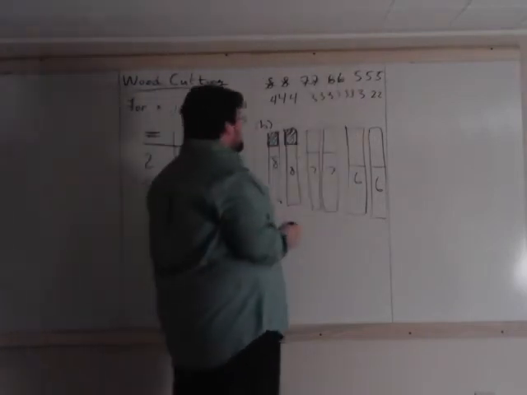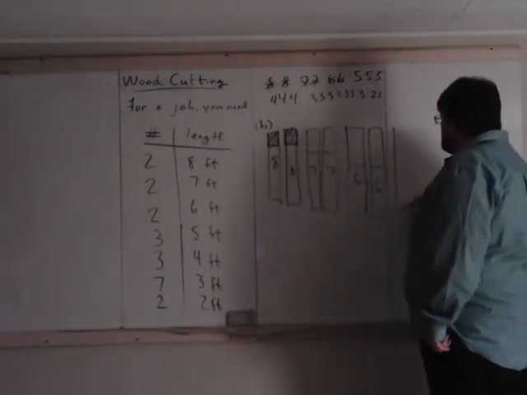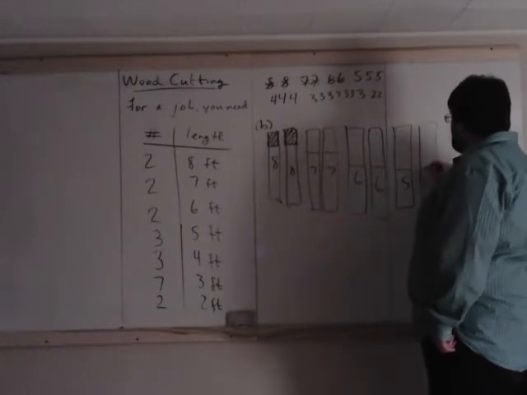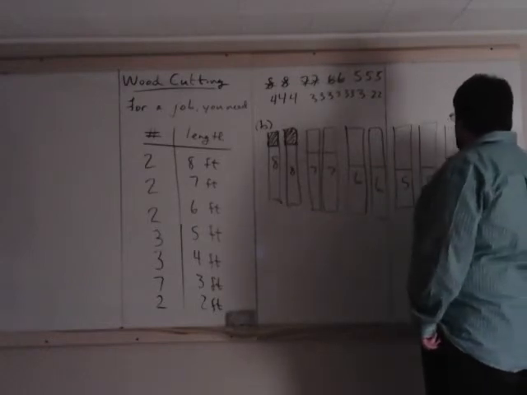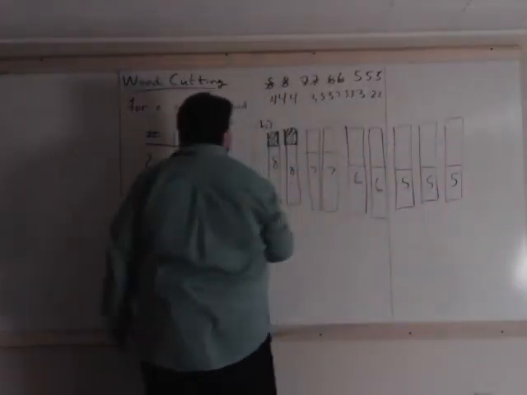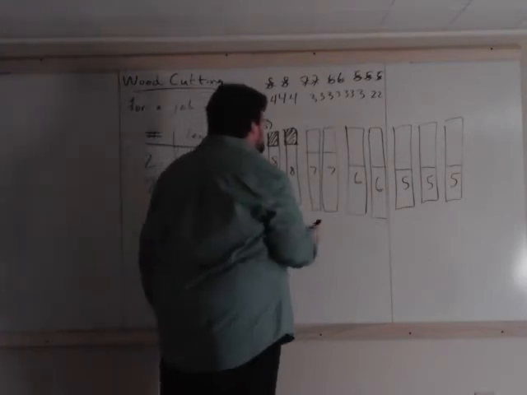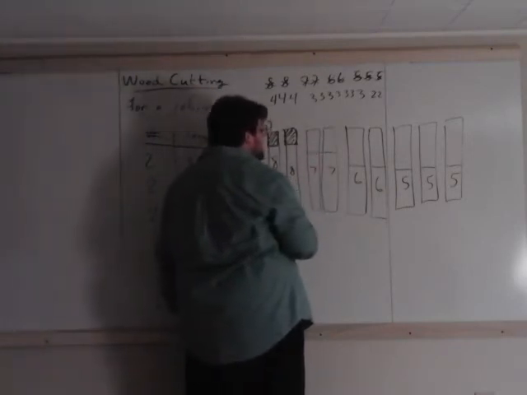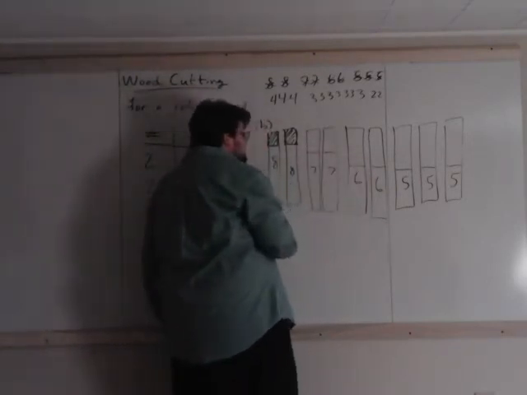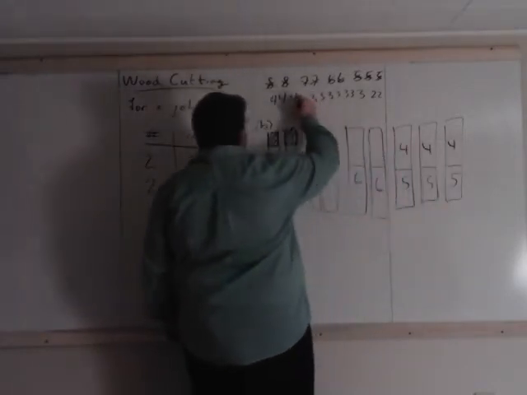Now how about those 3 5s? Well, 5s aren't going to fit anywhere here. But we can create 3 new boards for them. Now how about these 3 4s? 4s can't go here because these are 9-foot boards. 4s can't go there because these are 9-foot boards, but all of the 4s can go there.